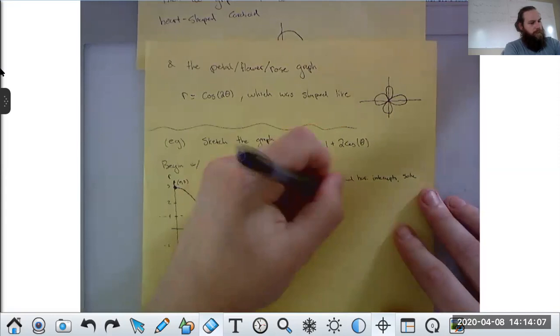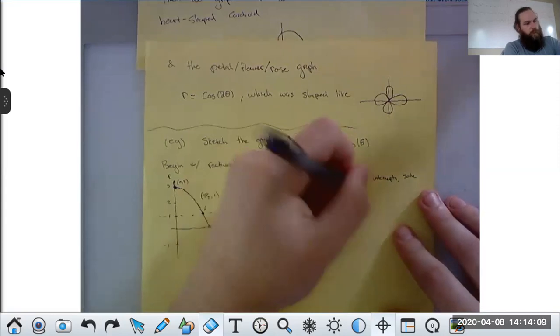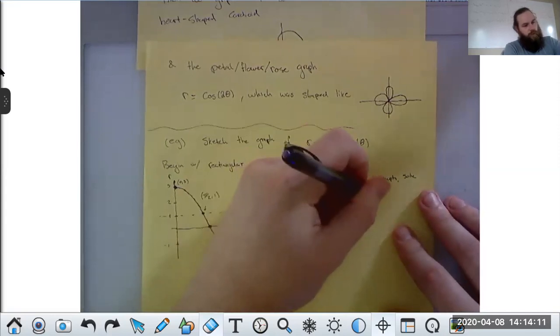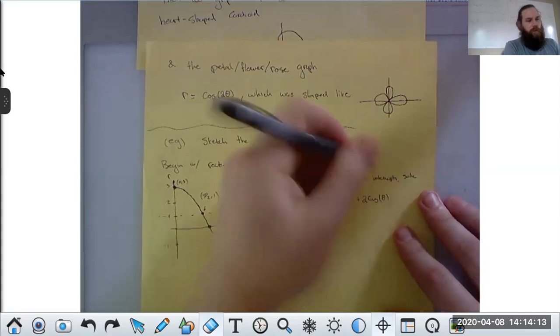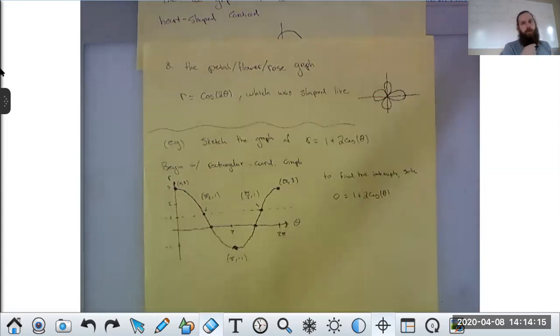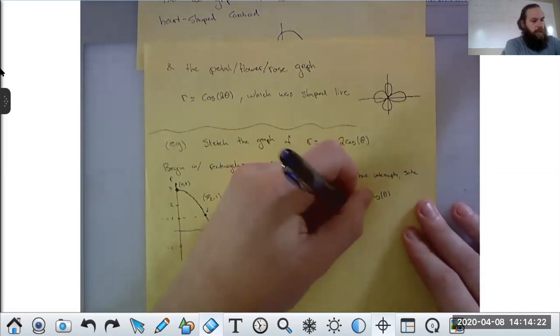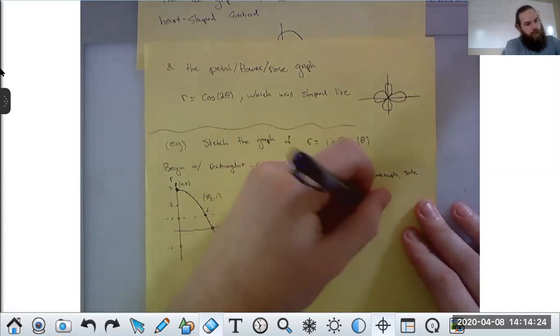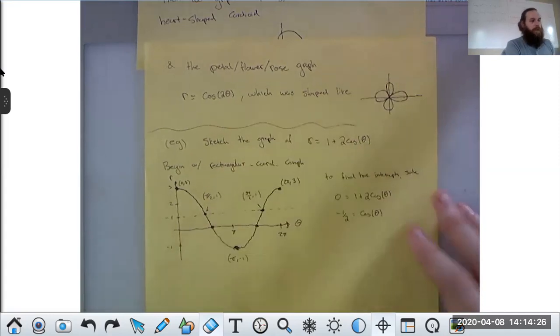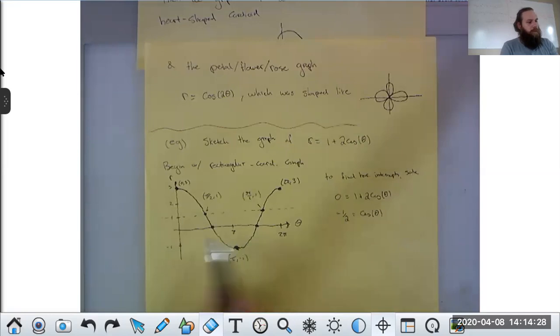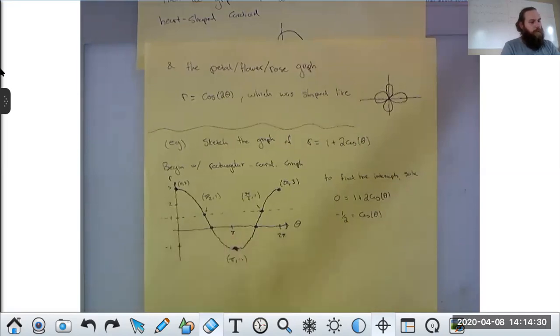So I need to solve 0 equals 1 plus 2 cos theta. And thankfully, that's not a difficult trig equation to solve. Subtract the 1 and divide by 2, and you'll see this is the same as saying -1/2 is equal to cos theta, which of course has infinitely many solutions, but I'm just looking for these two. I'm looking for the one that's between 0 and pi, and I'm looking for the one that's between pi and 2 pi.